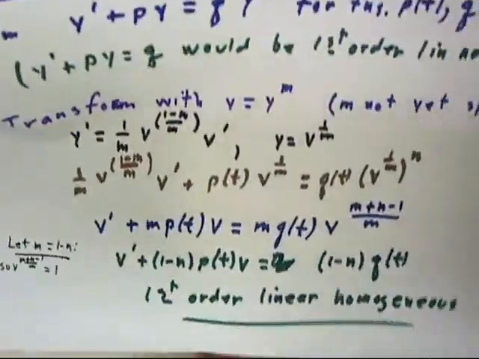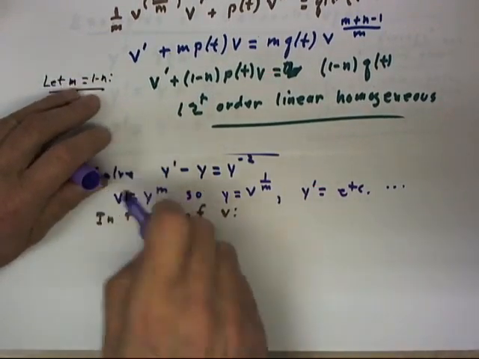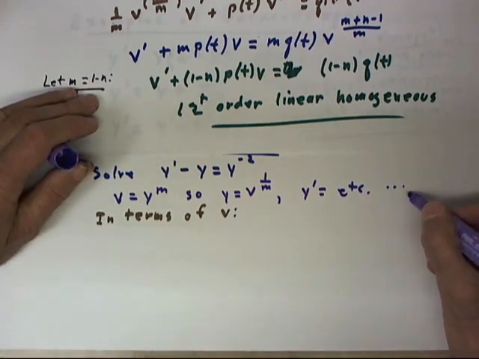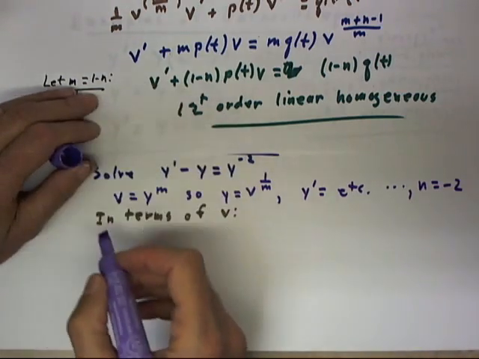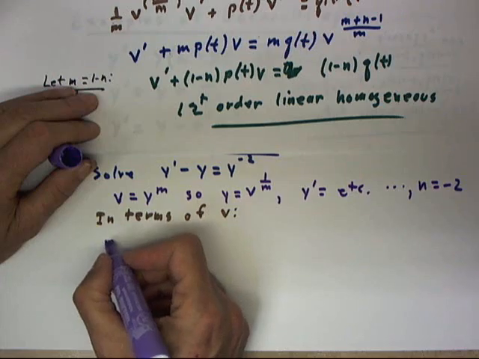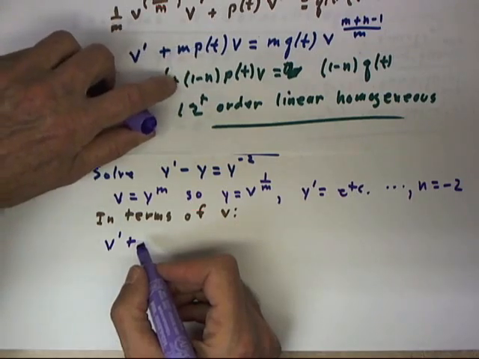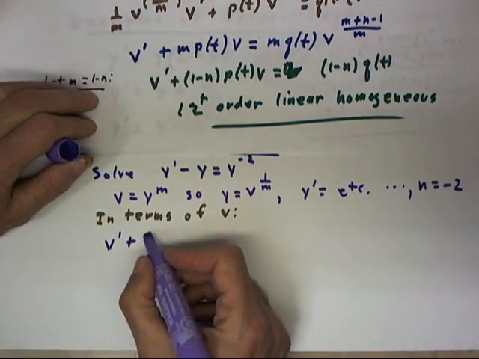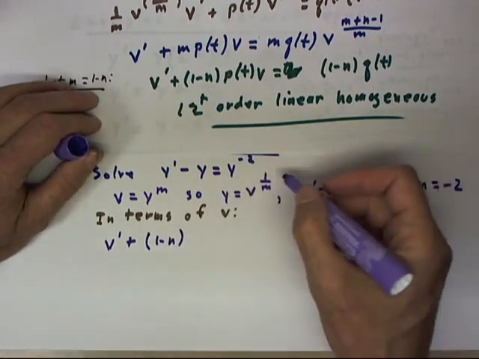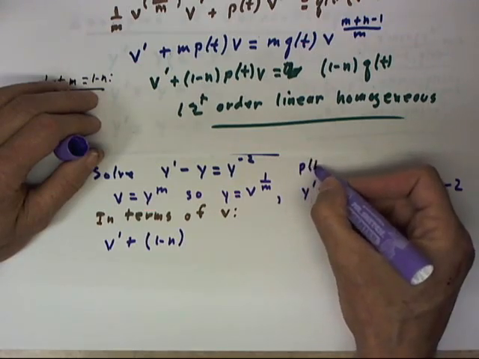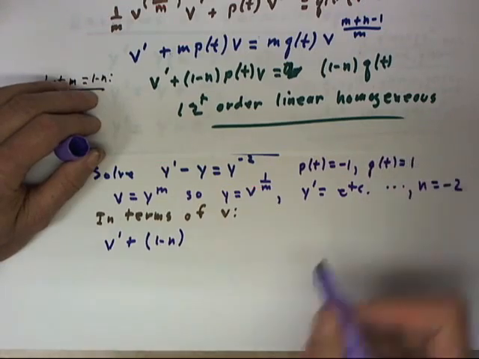Applying that to the given equation, I guess we should also write down here that n is negative 2, so that our equation is going to become v prime plus m p of t v, m being 1 minus n. Not really identifying everything here. We should also identify p of t as negative 1 and q of t as 1.